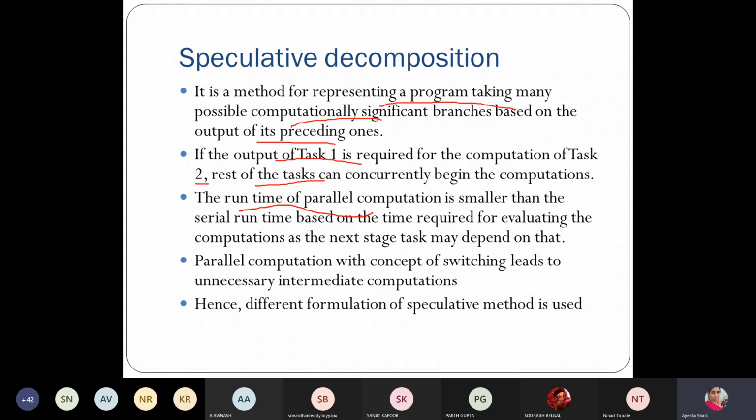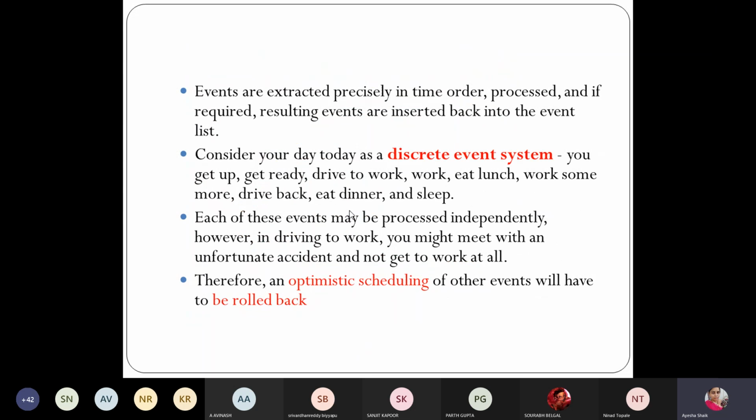So the runtime of parallel computation will be smaller than the serial runtime, based on the time required for evaluating the computation, as the next stage task state is dependent. Parallel computation can be done with the concept of switching, which leads to unnecessary intermediate computation. And we have different formulations for this speculative method.